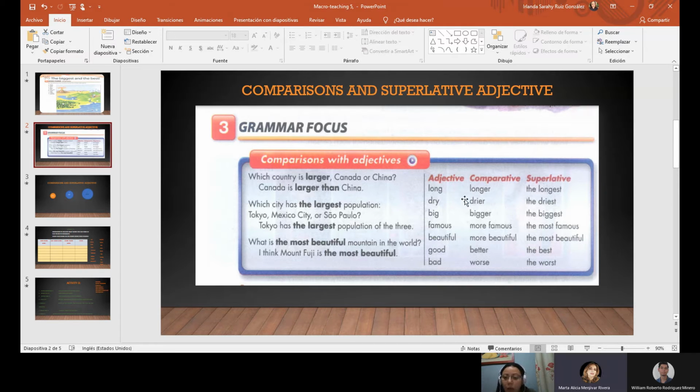But when we say comparative, we add the letters -er, and the adjective is long and the comparative is longer.